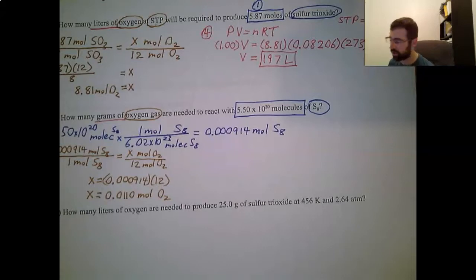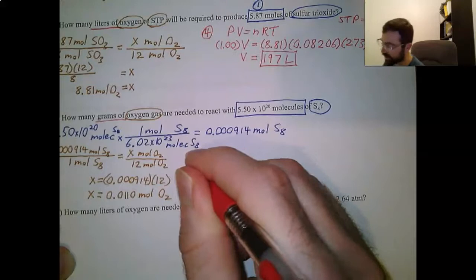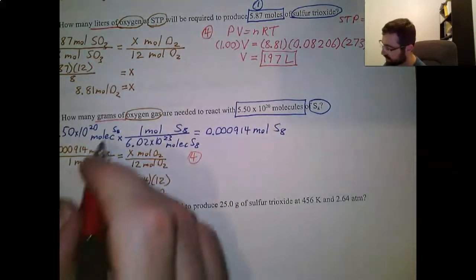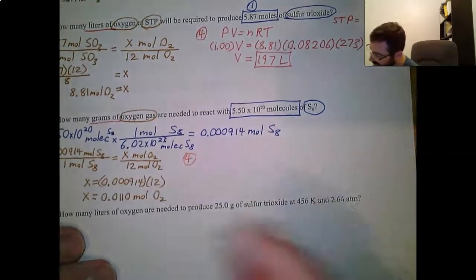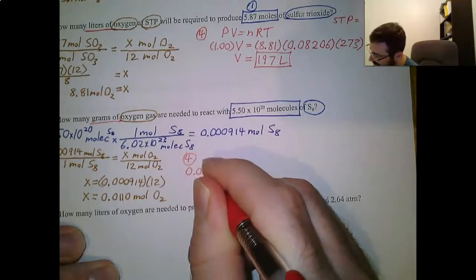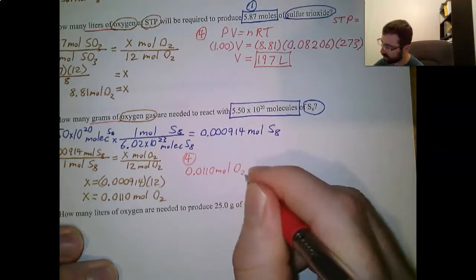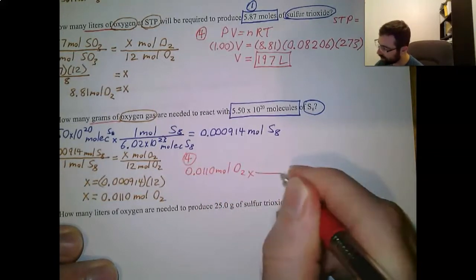And then we want to convert. So step 4, try to find what we're looking for, which is grams of oxygen gas. So if I know my moles of oxygen gas, all I got to do is use my molar mass. So I'm going to put 1 mole on the bottom.